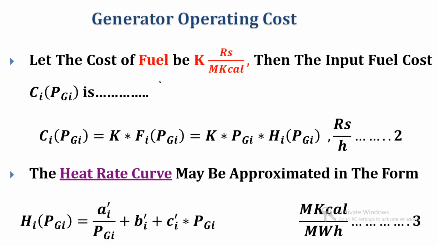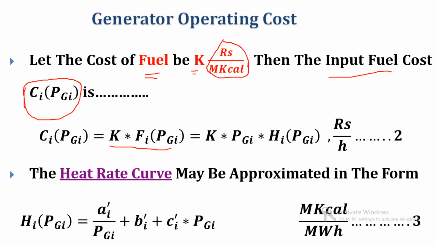Suppose the cost of fuel is k rupees per million kilocalories, then input fuel cost, this is the notation which is used for fuel cost, Ci of Pgi. Input fuel cost will be k into Fi of Pgi.